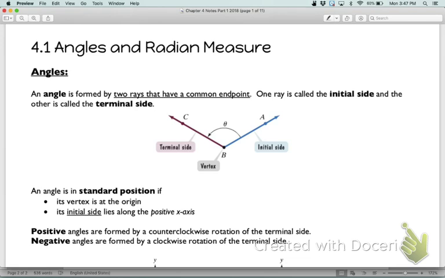If you imagine these two sides as if they were stacked on top of each other, like two different rays, then this ray here is going to swing open, and it forms your angle down here. So your initial side is going to stay put, and the terminal side is going to rotate around the vertex to create your angle.